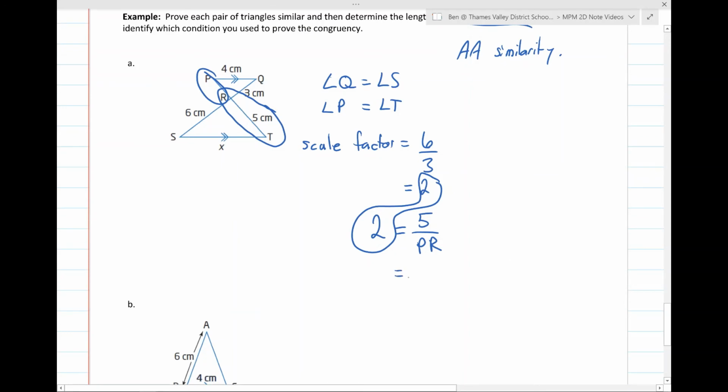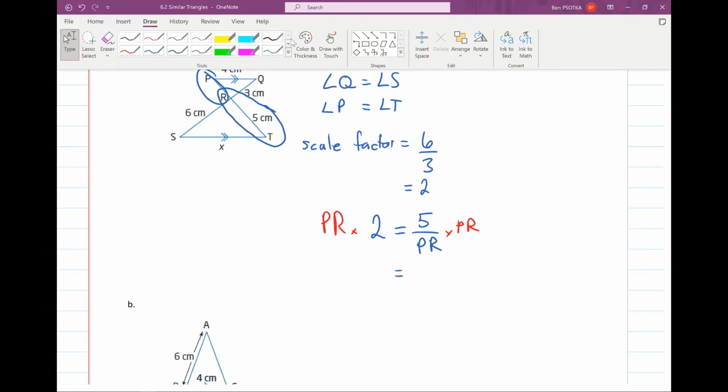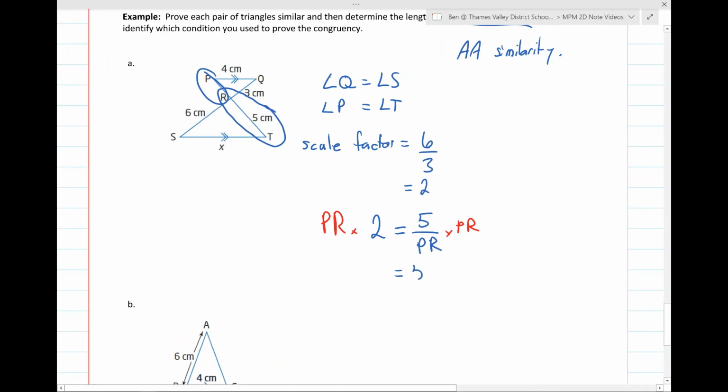I can multiply both sides by PR to give me 5 equals 2 PR, and I want to isolate for that PR, so I divide both sides by 2. Leaving me with PR equals 5 over 2. Fantastic. So there is my one unknown side.